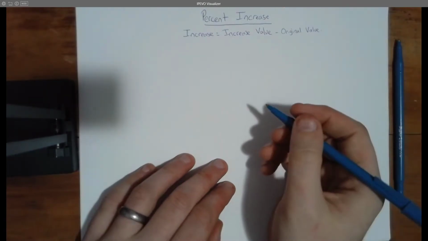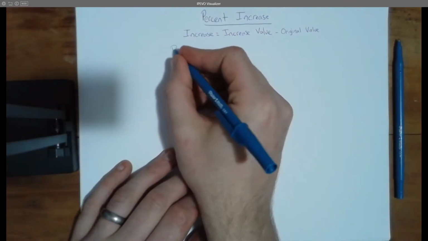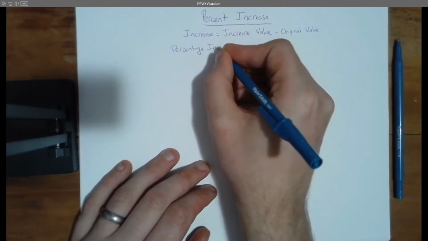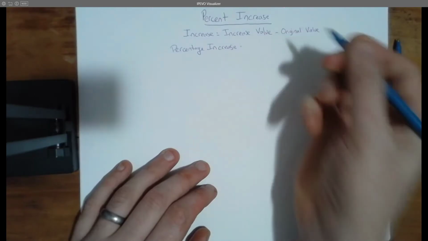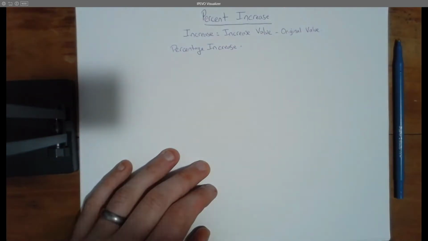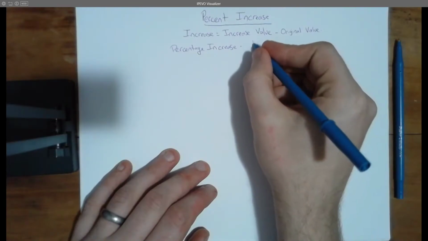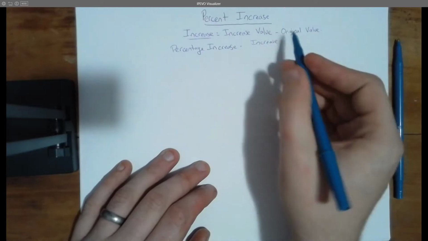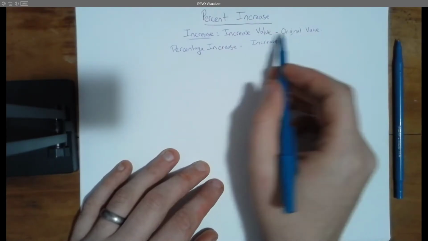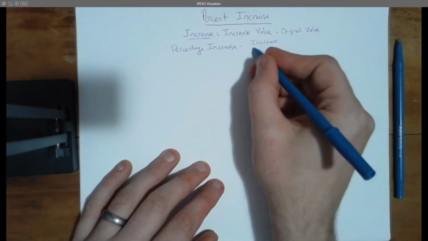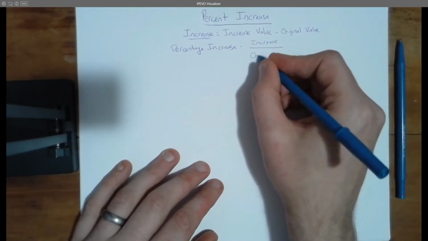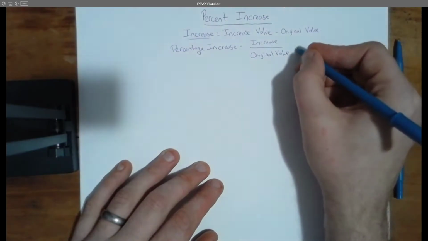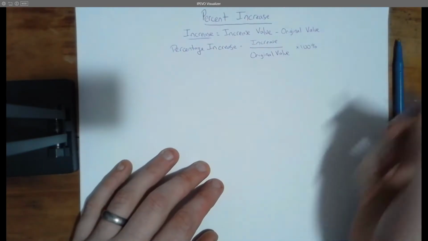We can also use this information to figure out a percentage increase. For percentage increase, we're going to take the same sort of thing. We're going to take the increase here, which we could have figured out using this formula. So you increased by 10 words per minute, divide that by the original value, and then times that by 100% to get it as a percentage.